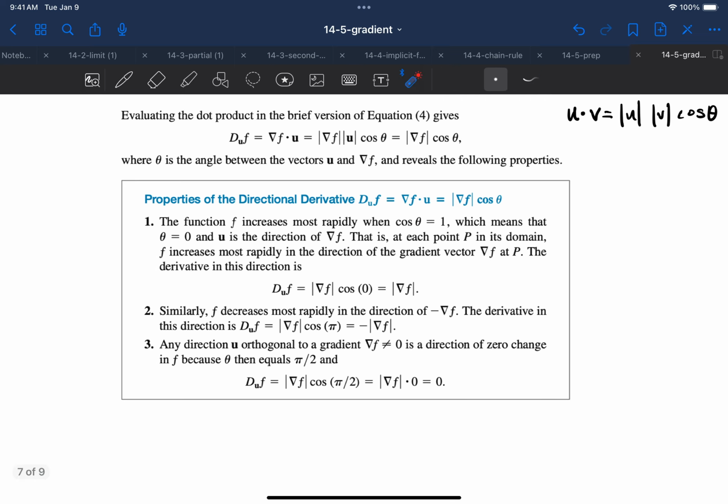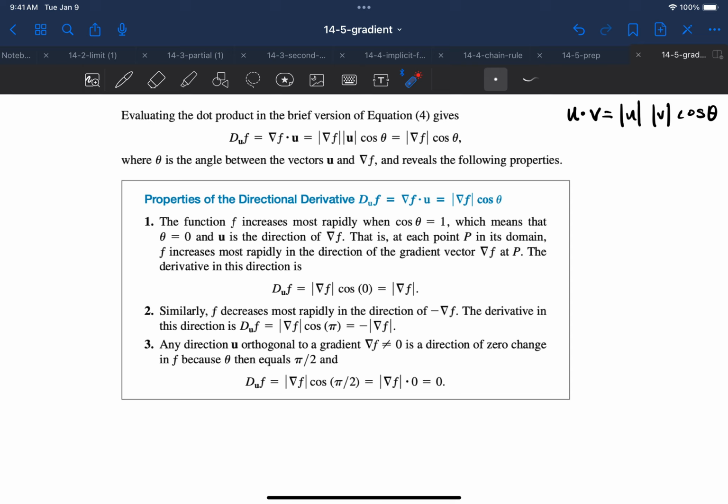So if we apply this formula, it becomes the magnitude of gradient f, times the magnitude of u, but remember, the magnitude of u is 1 because u is a direction. Anything multiplied by 1 is itself, and then cosine theta.